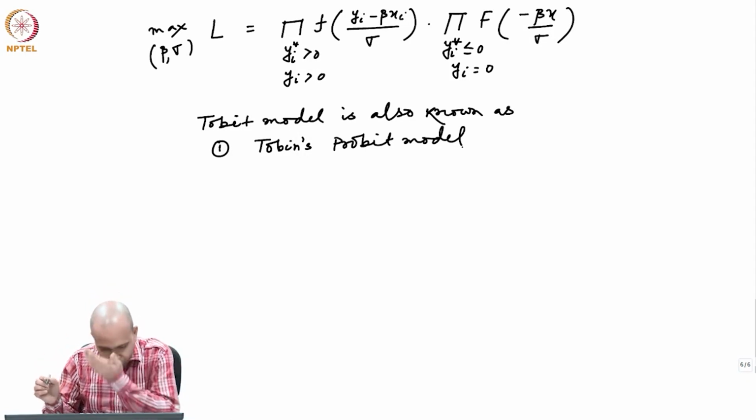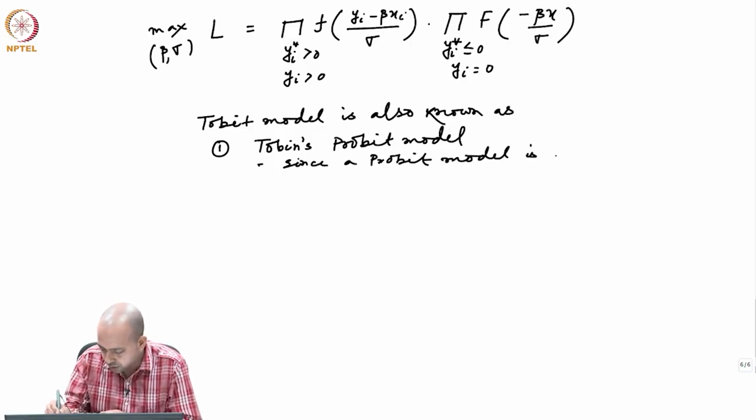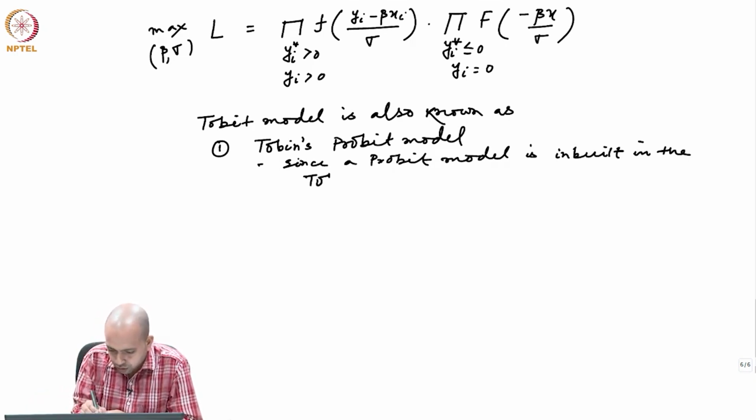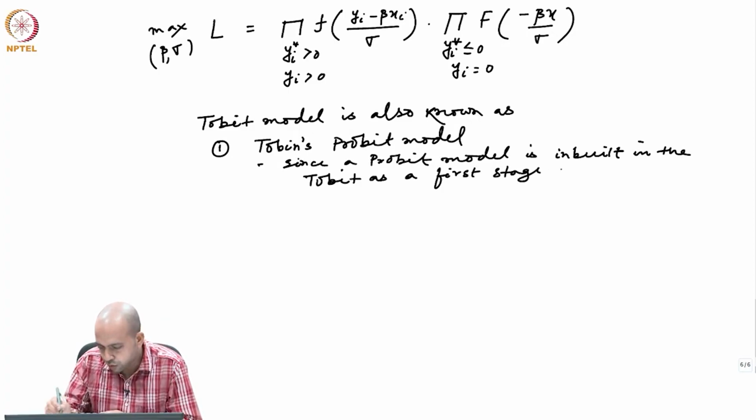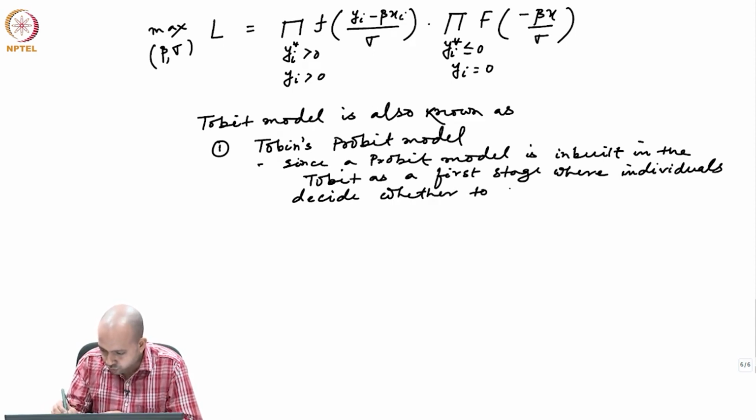Tobin's Probit model. Why is this so? Since a Probit model is inbuilt in the Tobit as a first stage, where individuals decide whether to buy a car or not.